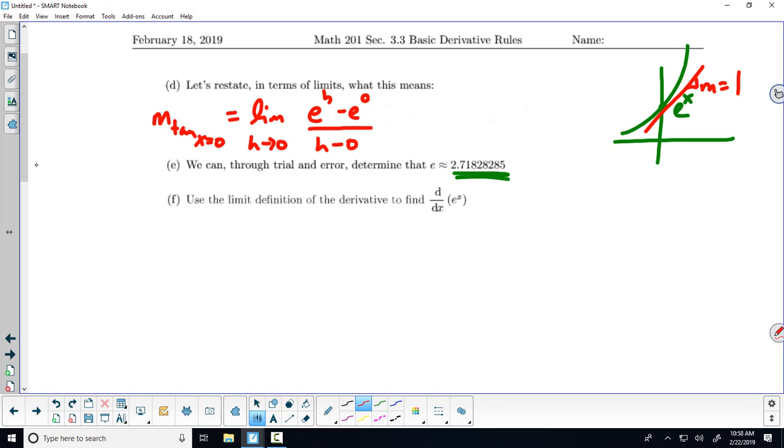I could do x here, but I want h for the next problem. So I could have x approaching 0, and this would be e to the x minus e to the 0 all over x minus 0. It is the definition of the tangent line at x equals 0. Okay. But help me out, folks. h minus 0 is just h. And e to the h, well, we'll leave that alone. Minus 1. Okay.